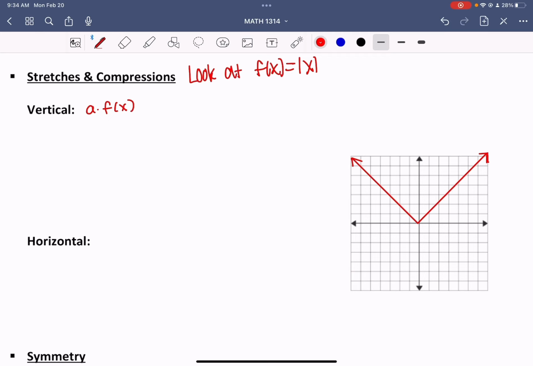Now what's going to happen is when that a, and this is the part you're going to need in your notes for your homework, when a is greater than 1, this is known as a vertical stretch. So an example of this would be when you have g of x equal to 3 absolute value of x. What's going to happen is it is going to vertically stretch it. So the type of line that you get looks something like this.